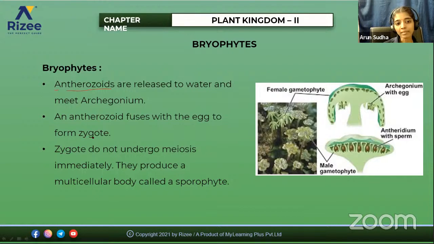Another main difference here is that this zygote is a 2N diploid stage, and it does not undergo meiosis immediately. There is a gap, and it forms a multicellular body called a sporophyte.